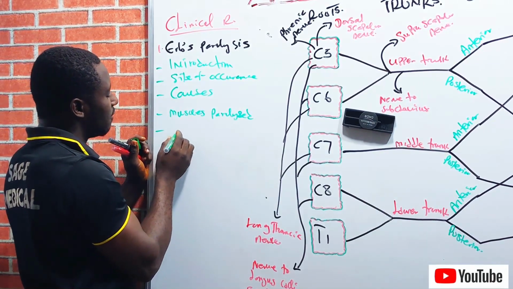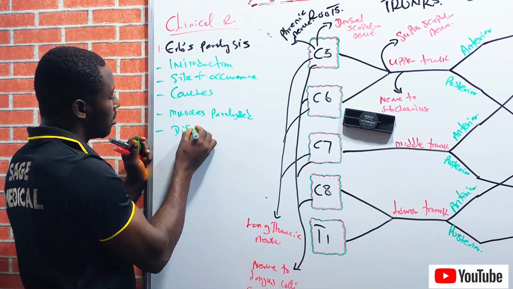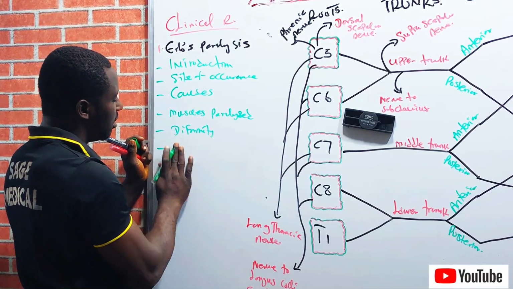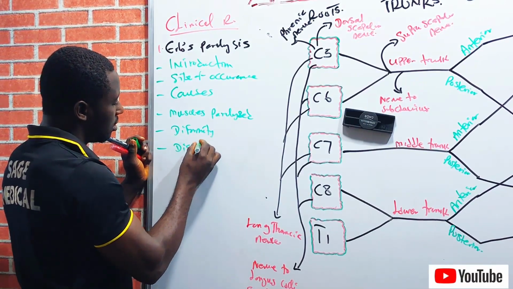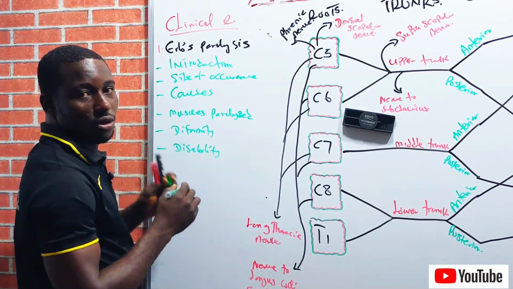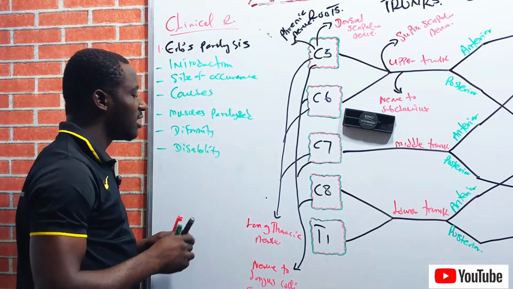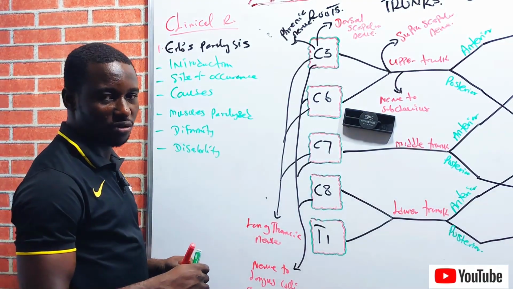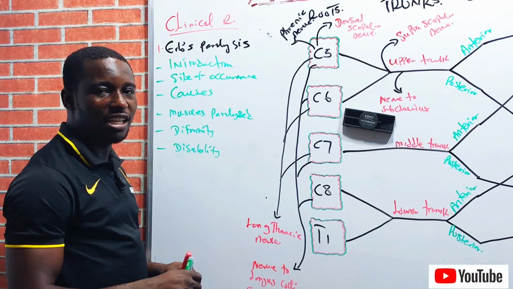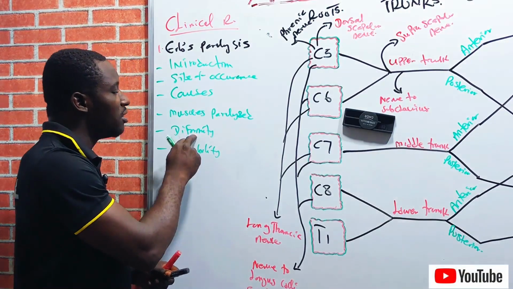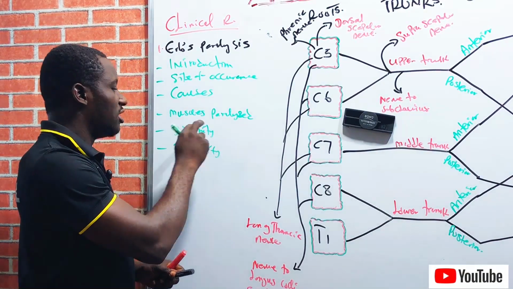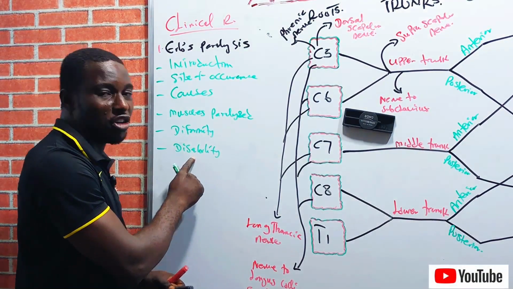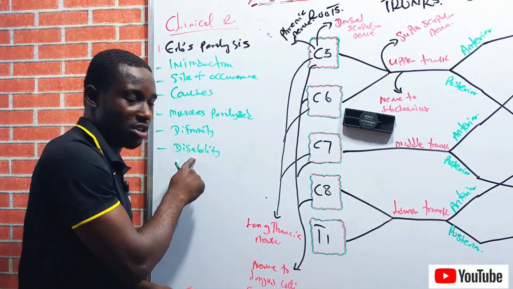And the next one is deformity. The next is disability. Recall that deformity is a structural dysfunction, while disability is a functional dysfunction.